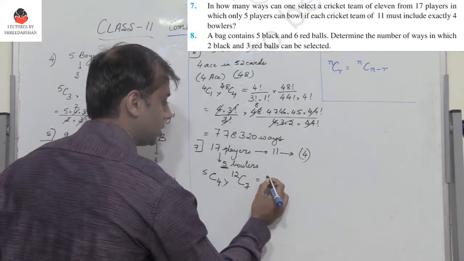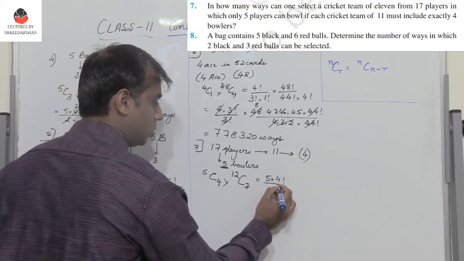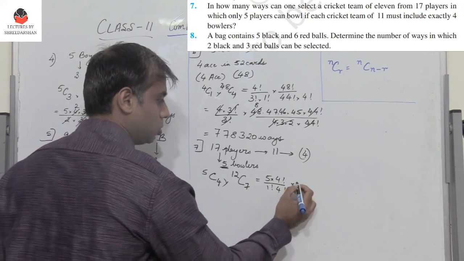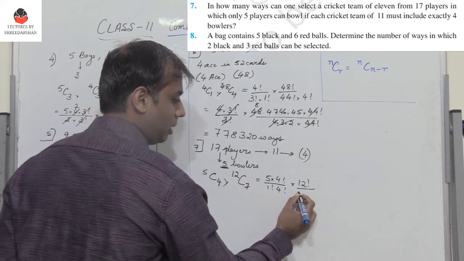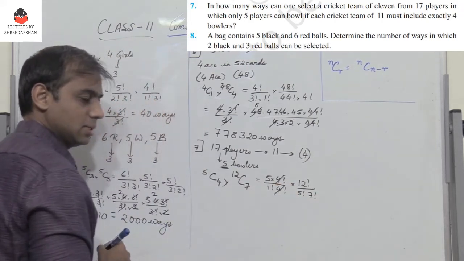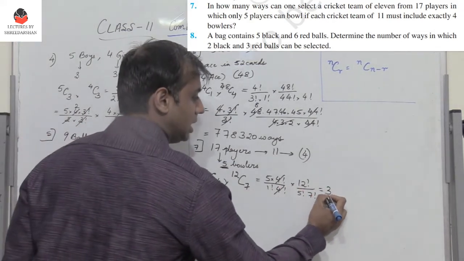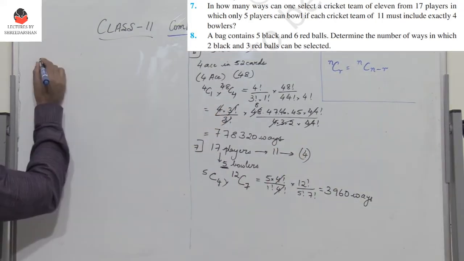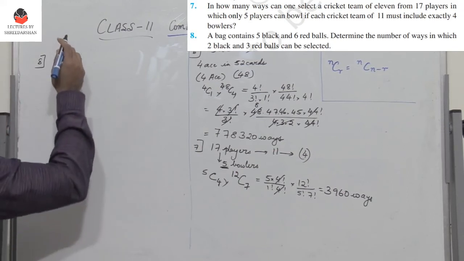So this is factorial 5, I can write it as 5 into 4 factorial divided by 1 factorial into 4 factorial, into 12 factorial divided by 12 minus 7 is 5 factorial into 7 factorial. So 4 factorial gets cancelled. So you can simplify this and we get the answer as 3960 ways.